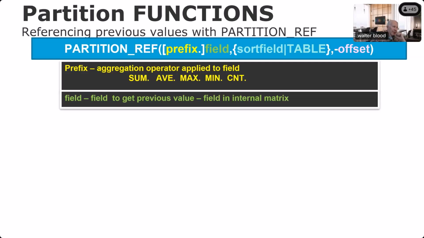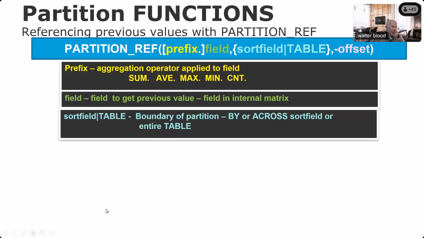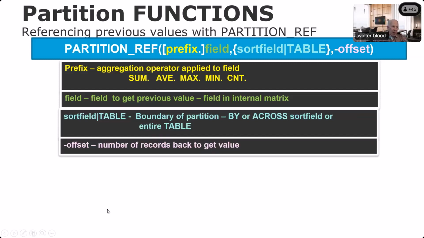All right. My offset is the number of records I want to go back or forward, and this is akin to the lag in SQL or the lead in SQL. So that we can actually work with records that we haven't read yet, or we haven't used yet.